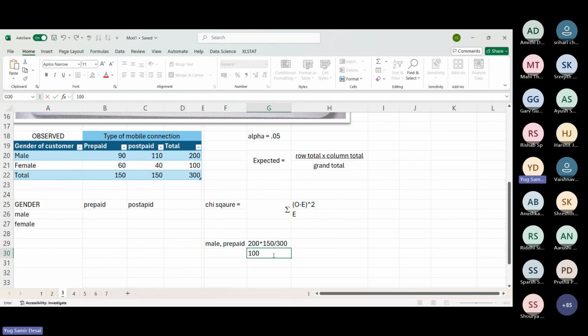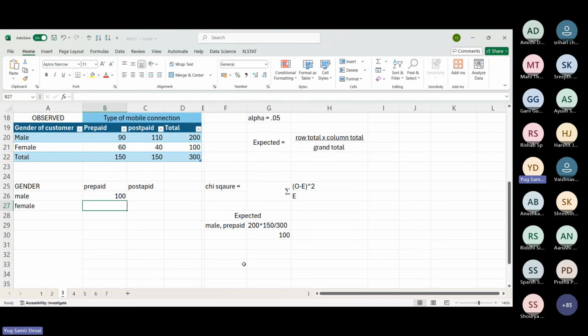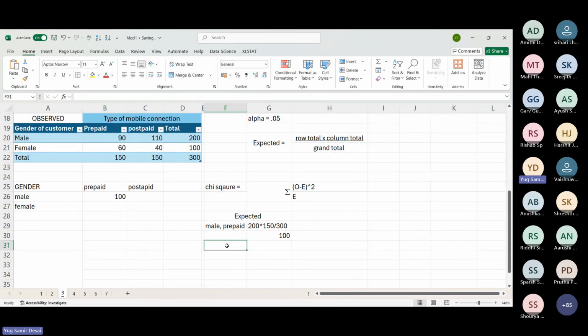So ideally, it should have been 100. Our expected value for this criteria should have been 100, but it's 90. We do not need to worry right now what it represents. We are just concerned about what the expected value should be.